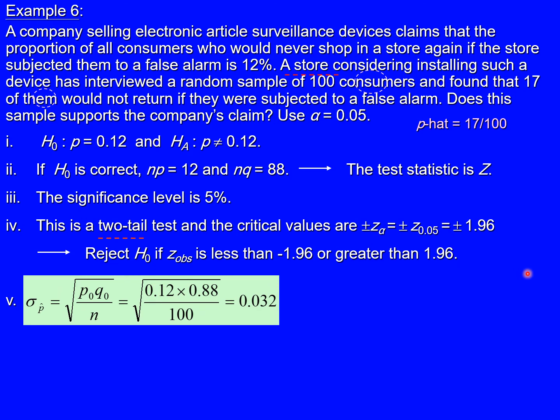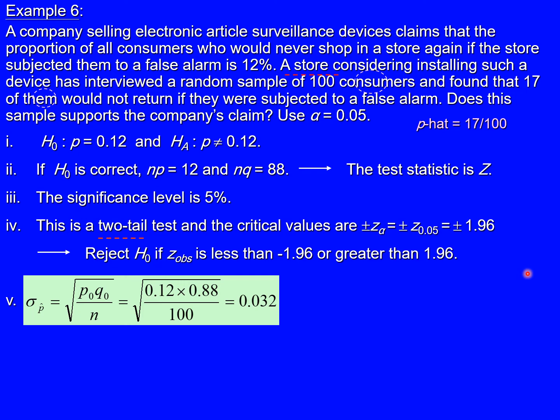The fifth step is to calculate the observed value of the test statistic. We start by calculating the standard error for p hat, which is sigma p hat equals the square root of p naught times q naught over n.